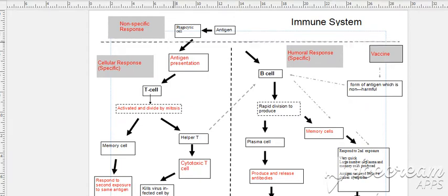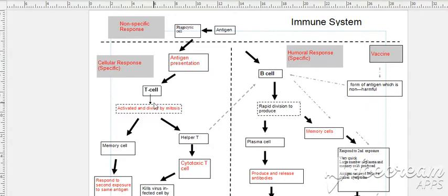It could then present the antigen on its surface when we start to get to our specific response. So once the antigen is presented on the surface of the antigen presenting cell, a specific T cell that has a complementary receptor to the antigen could bind and become activated and then divide by mitosis to make lots of copies of itself, so that all of the cells have a complementary receptor to the antigen.